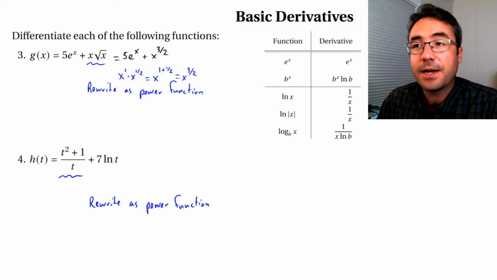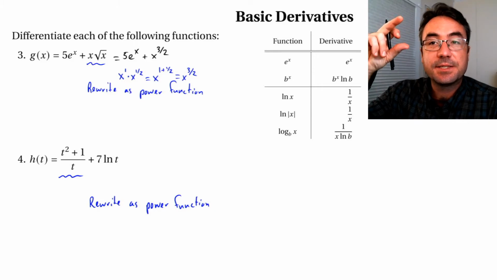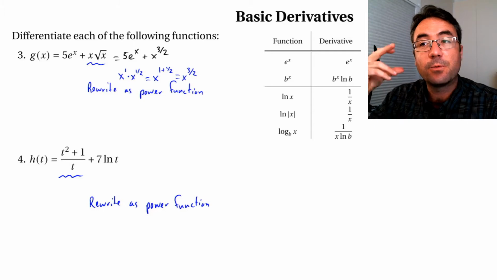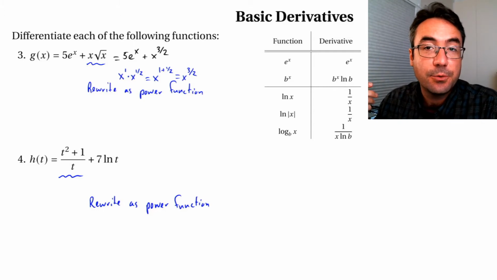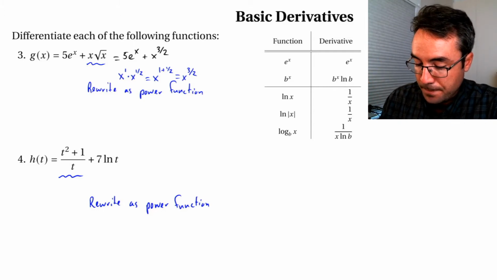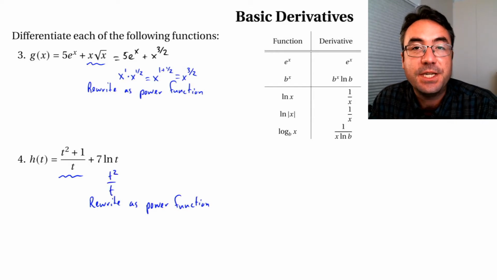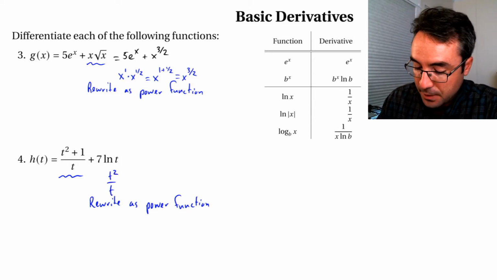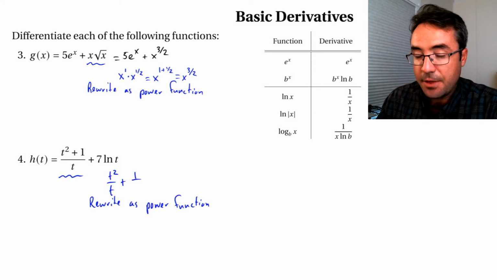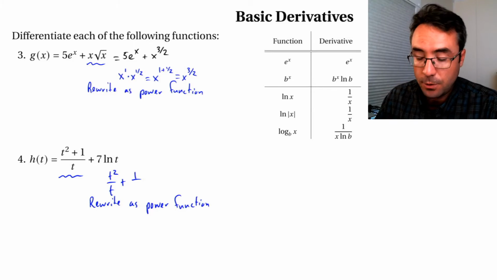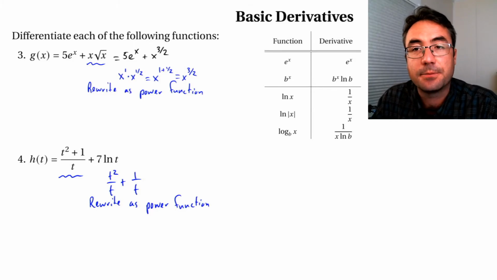The idea with a fraction is we can split the fraction up into multiple fractions based on wherever we have a plus or a minus in the numerator. So we could write this as t squared over our denominator, so t squared over t, plus, and then the other term we had in the numerator was 1, so we're going to have plus 1 over our same denominator, 1 over t in this case.